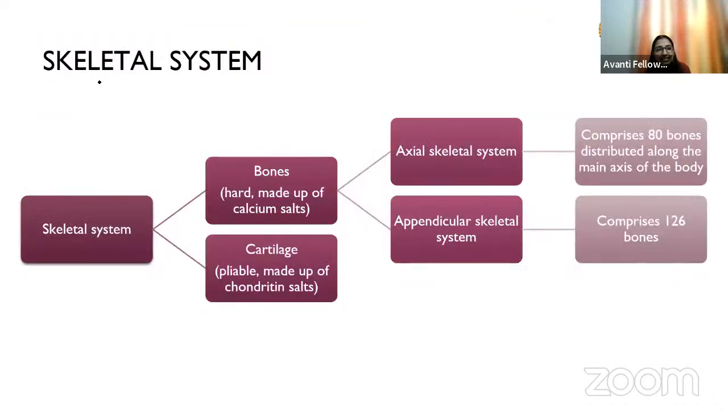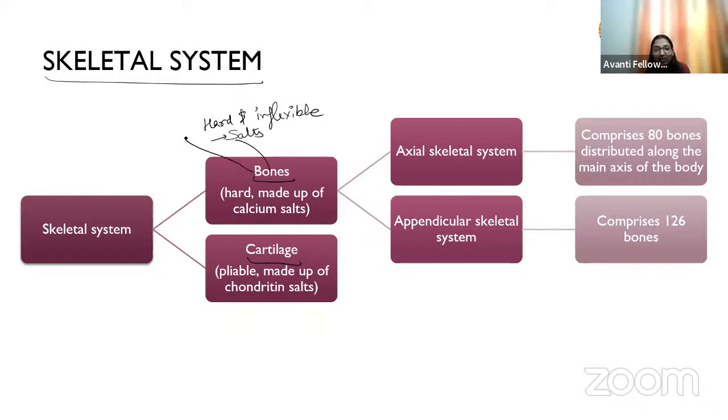Now moving next is the skeletal system. Skeletal system consists of two parts, which are bone and cartilage. Bones are hard and inflexible. They have deposition of salts, mainly carbonate and phosphate, especially calcium and magnesium salts.